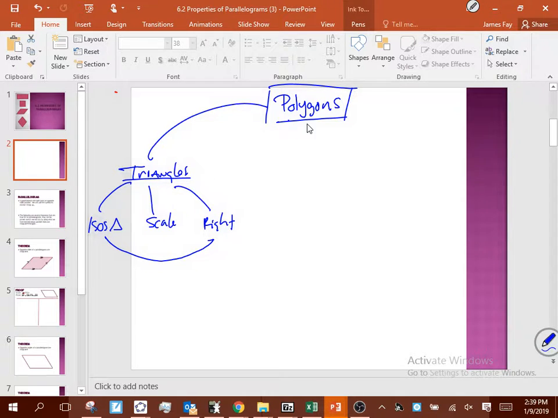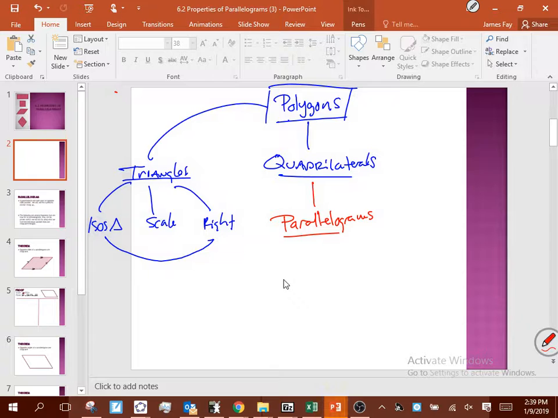Today, we're going to start talking about quadrilaterals. How many sides are there in quadrilaterals? 4. Now, the main quadrilaterals that we're focusing on today are going to be parallelograms.